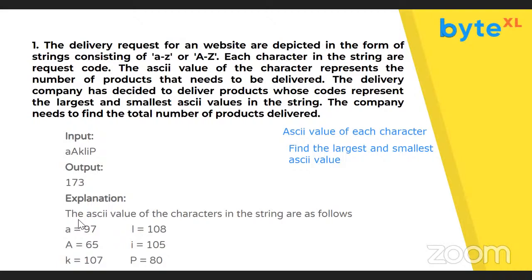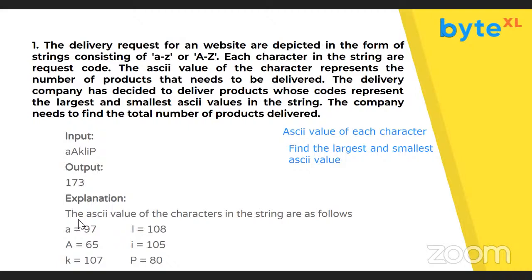Small k is 107, small l is 108, small n is 105, and capital P is 80. So the output which you are obtaining is 173. It looks like the sum of the smallest and largest. The smallest ASCII value is 65, which belongs to capital A, and the largest ASCII value is 108, which belongs to small l.